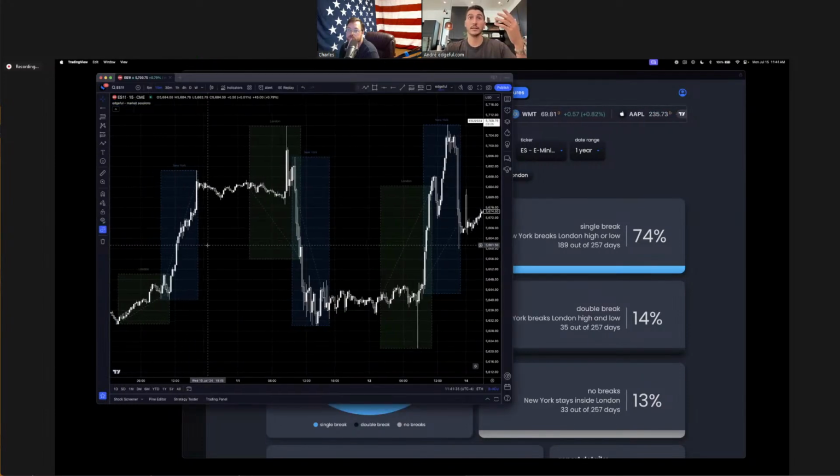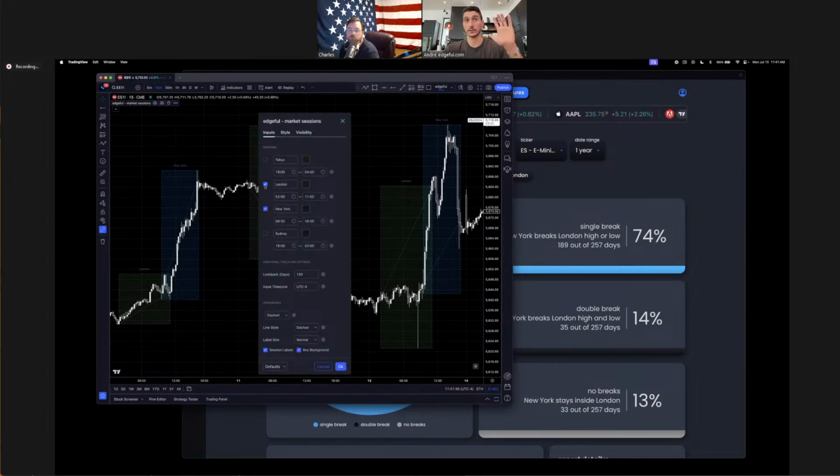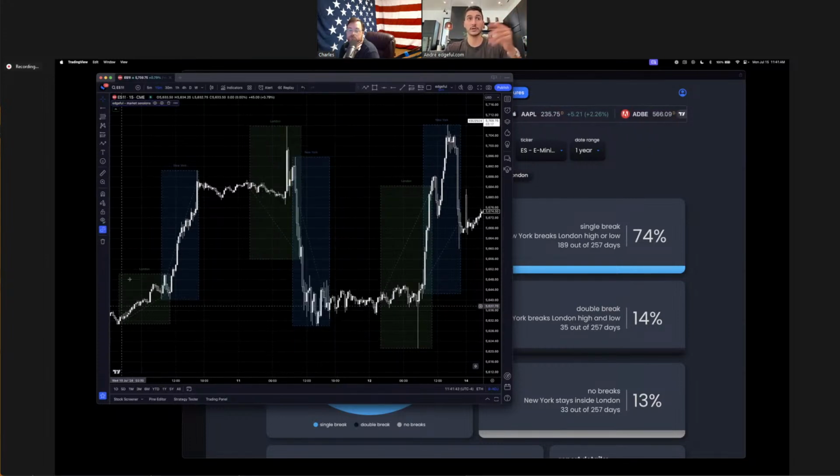I turned this on by going to my settings and toggling on my London session. Now the green box is the London session. Clearly one side broken, one side broken, one side broken, and not the other side. So targeting a full reversal to the other side, you're playing a losing game. It is very likely for New York to break one side of the London session and not both.